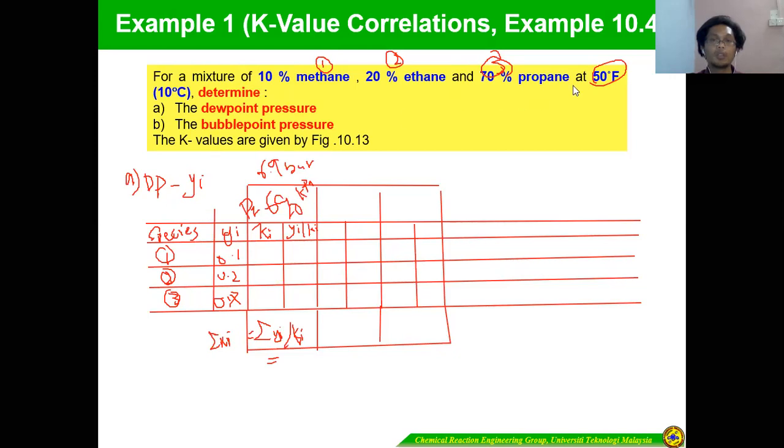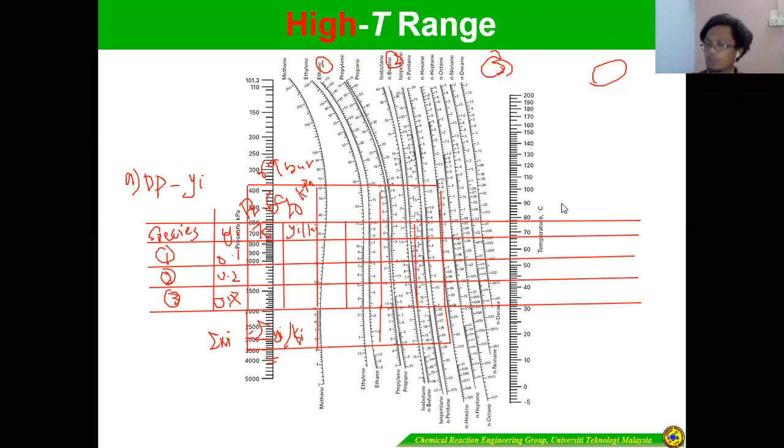From this pressure as well as the temperature, 50 degrees Fahrenheit, T equals 10 degrees C.